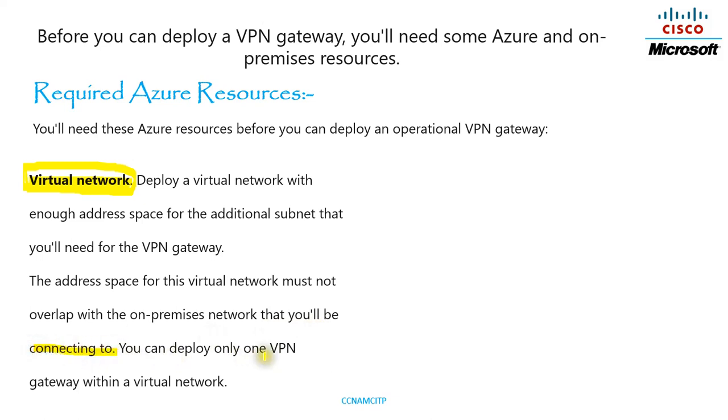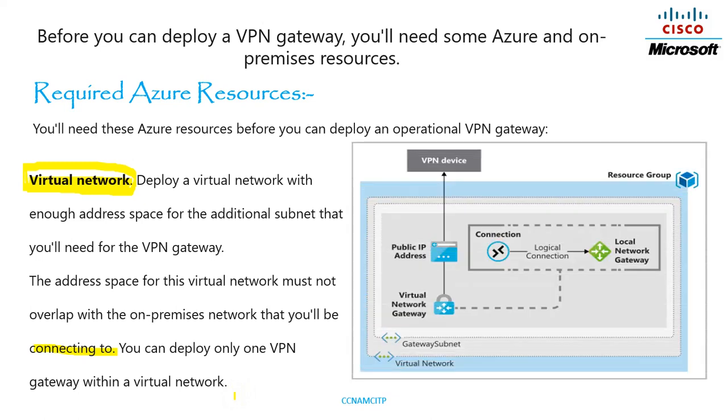You can deploy only one VPN gateway within a virtual network. So guys, make a note. You can see in this picture we have one Azure virtual network. We have one gateway subnet, and inside this a virtual network gateway.